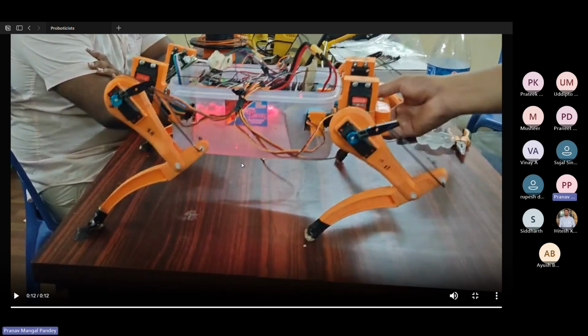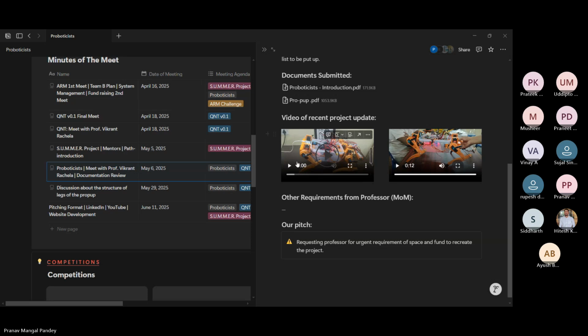So this was the first prototype which we showed in our hardware modeling competition. We have yet to change the main body. We were not able to complete that printing, due to which it is like this right now. But yeah, we are working upon it, and we would rather like you guys to join us in.